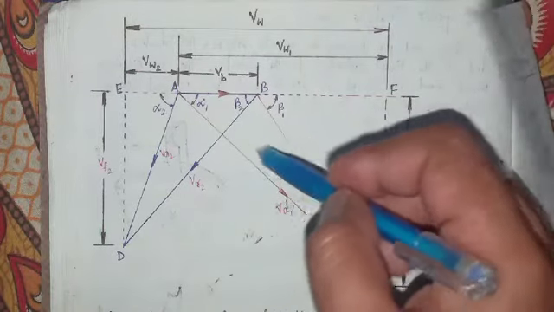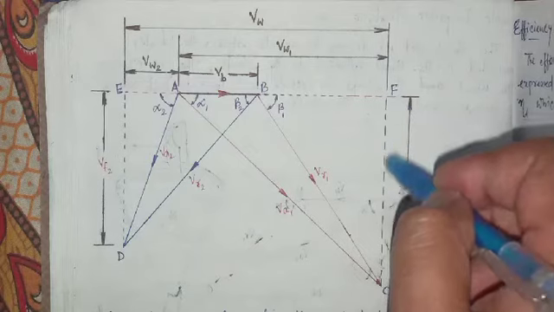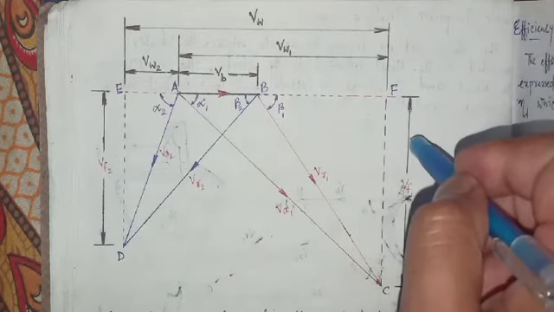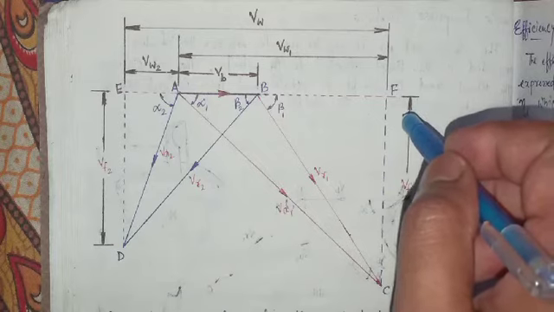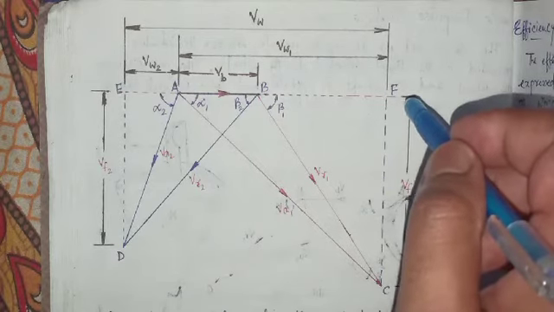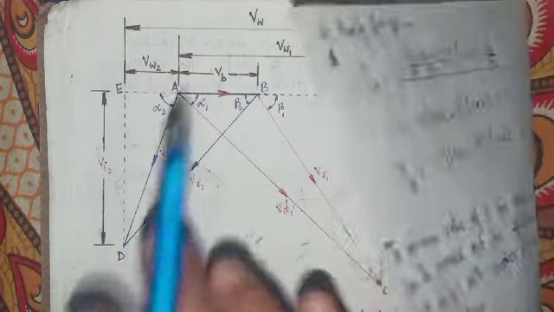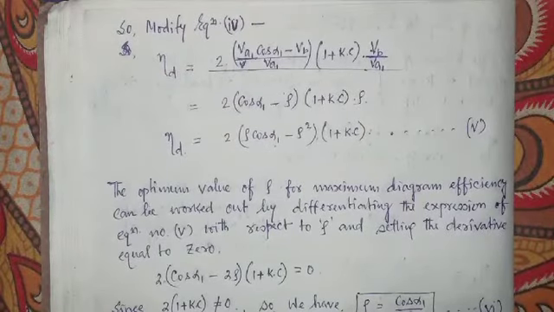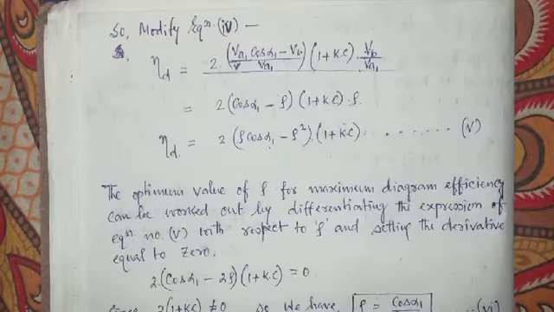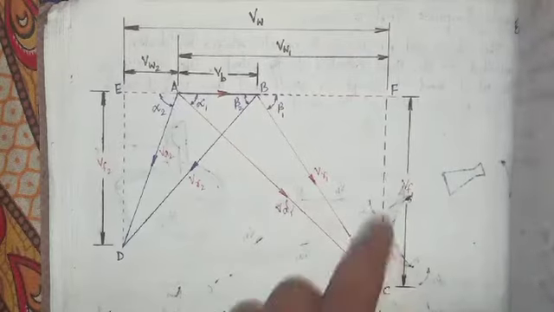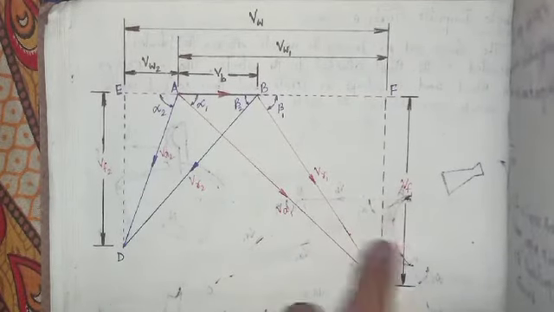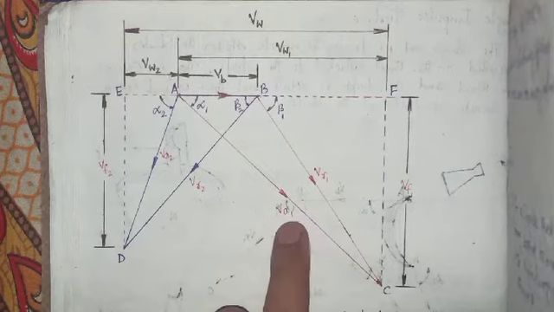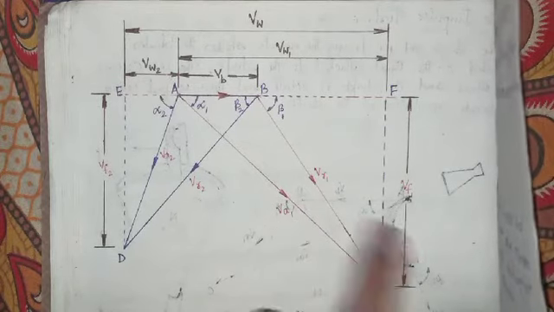The component of Va1 along the perpendicular direction will be Va1 sin alpha 1. Vf1 is the vertical component of Va1, so Va1 sin alpha 1 will be Vf1.